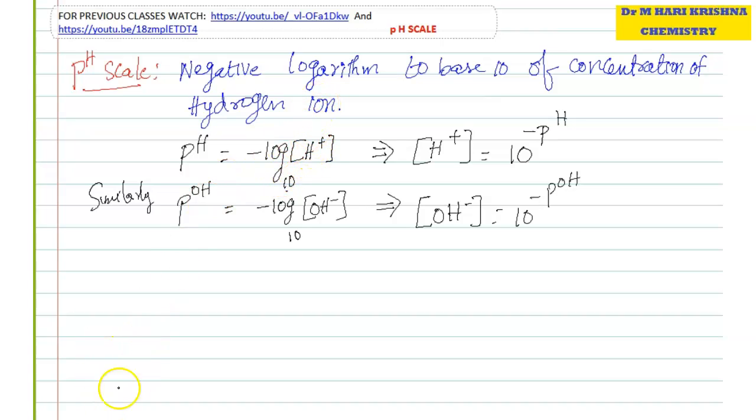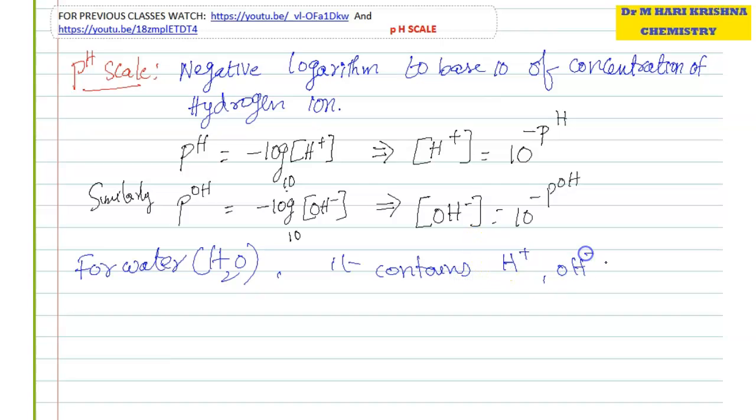Normally in case of water, for example, water has the formula H2O. Water contains H plus ions and OH minus ions. So normally for water, concentration of H plus equal to concentration of OH minus.